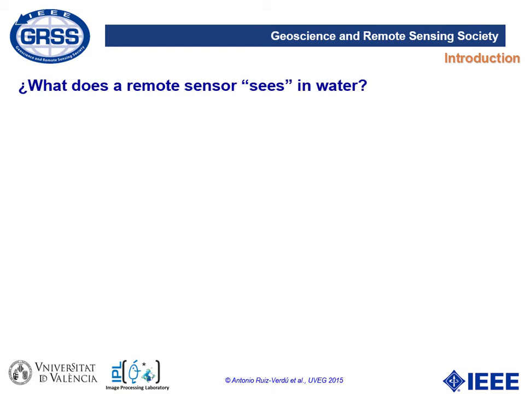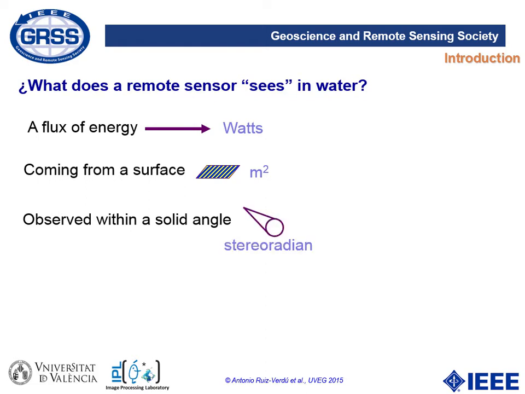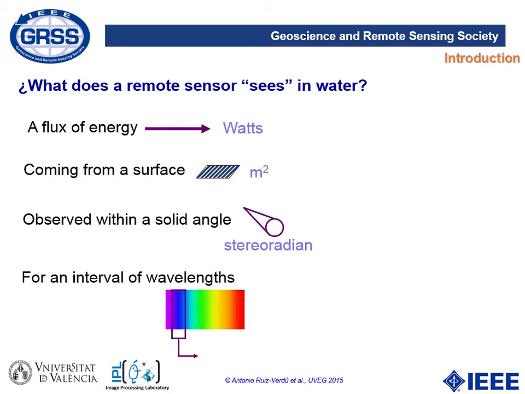So the first question that we can pose is, what does a remote sensor see in water? Basically, a remote sensor is measuring a flux of energy, measured in watts, coming from a surface, measured in square meters or other surface units, observed with a solid angle, measured in steradians, and for an interval of wavelengths, in nanometers or micrometers.